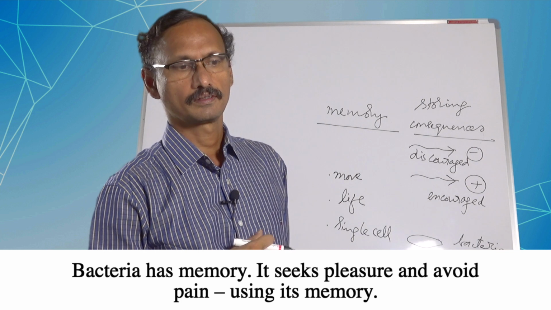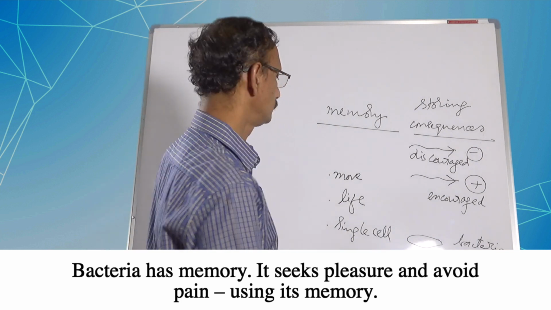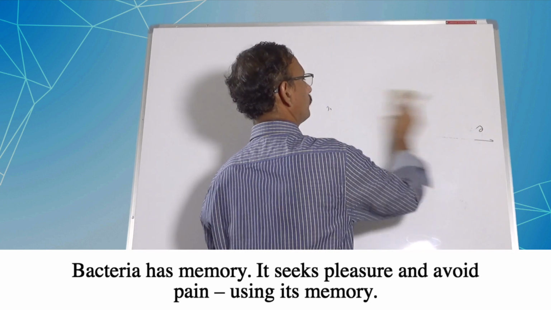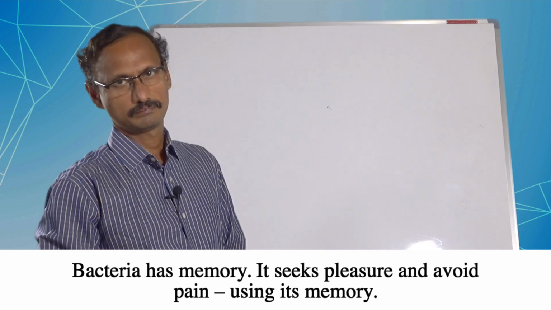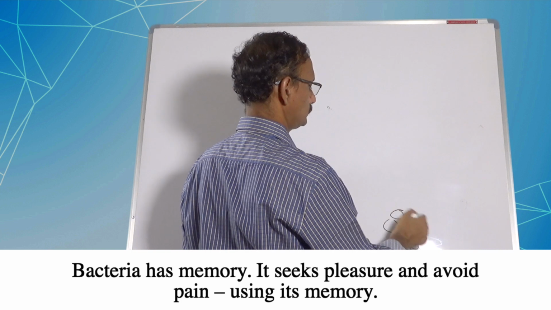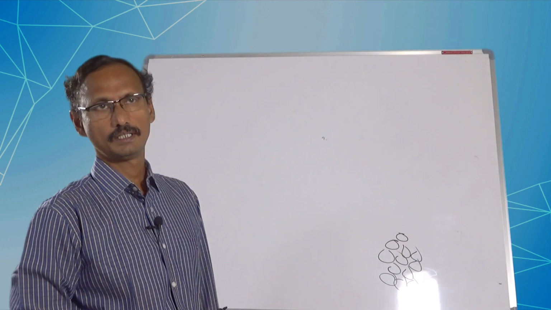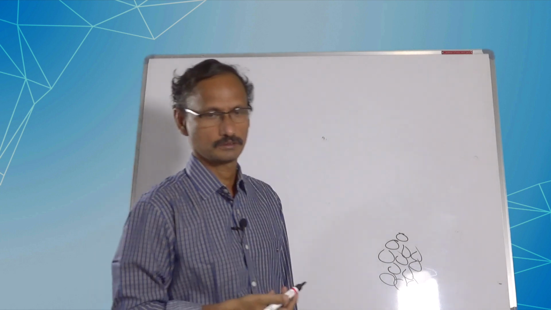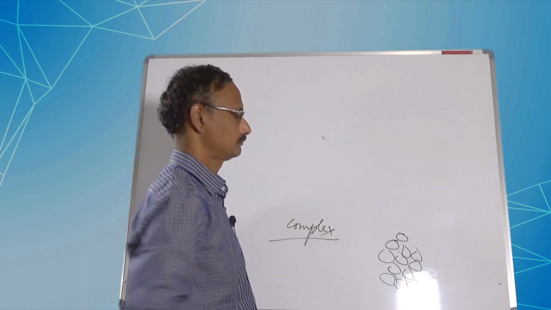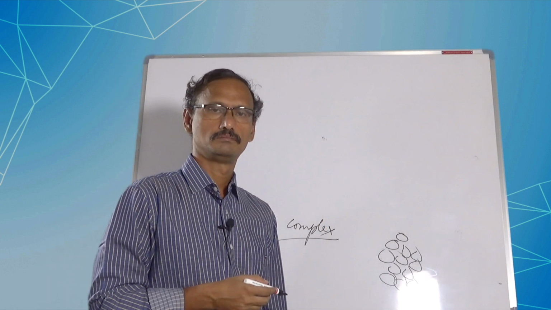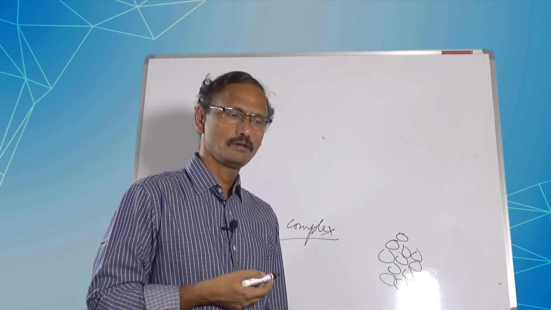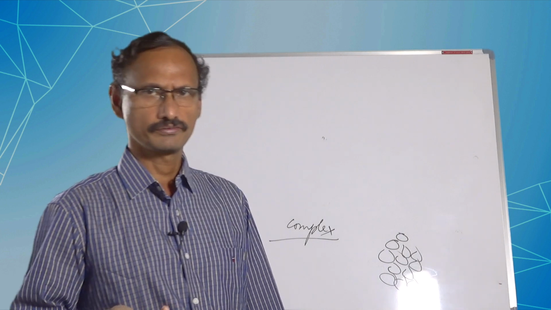Okay. Then what happens after that? Cells get added up, like this. Multicellular structures emerge. Complex things emerge. Okay. Bacteria was about billions of years ago.